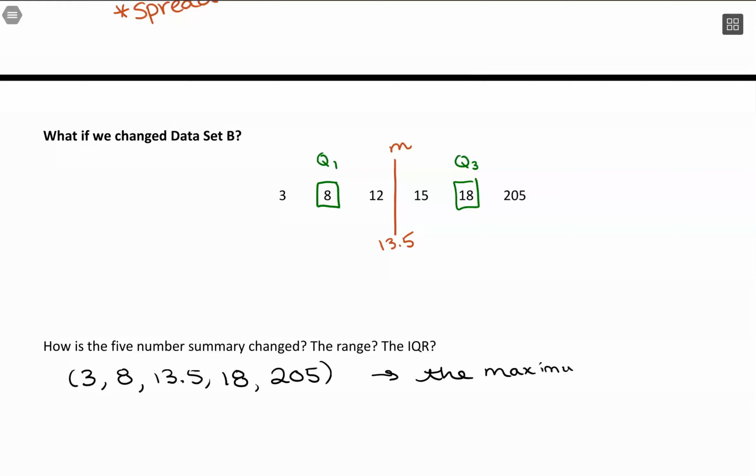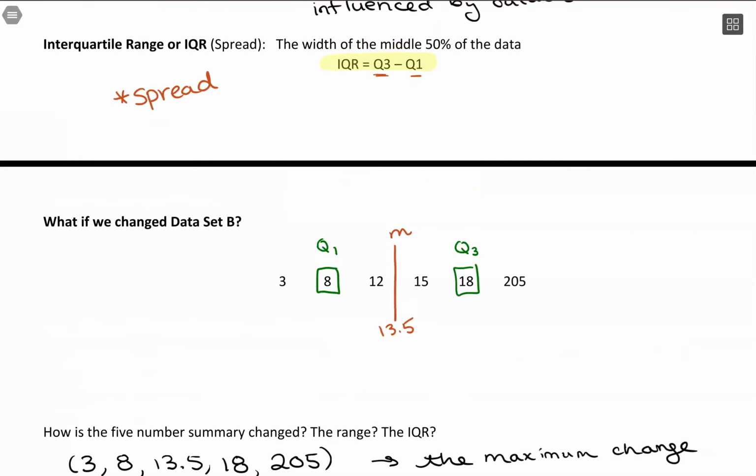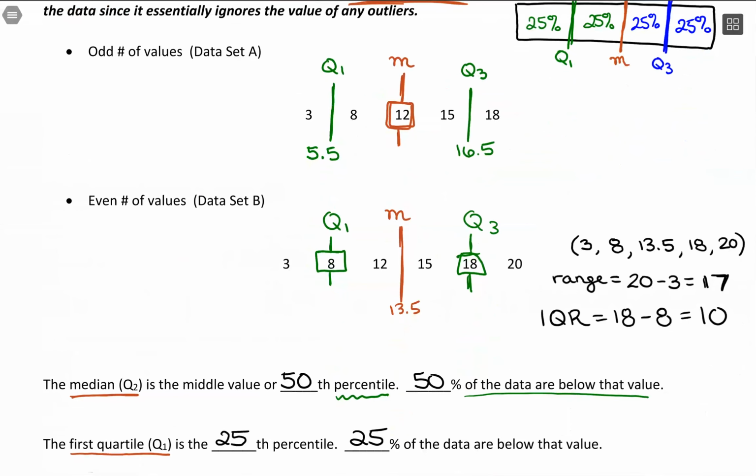If we throw in an outlier, it's either the minimum or the maximum that would change to that outlier value. Now if we calculate the range here, taking the maximum of 205 minus the minimum of 3, we'd have a range of 202 compared to our range of 17 previously.